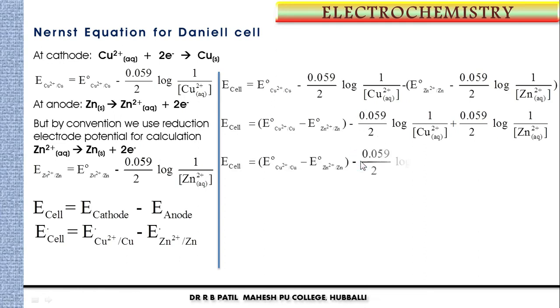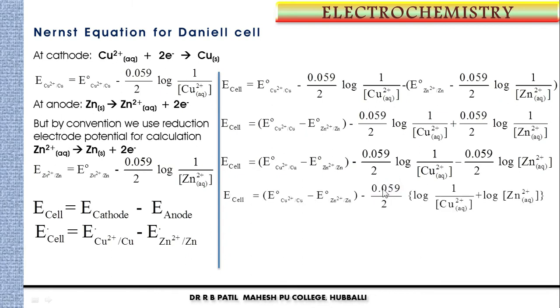Okay, so what we have done actually, we just reversed this. See, when I take Zn2 plus to the numerator, what happens, students? Plus log becomes minus log. In other words, this plus becomes minus. Okay, now let us take a common one. Minus 0.0591 divided by 2 is common.